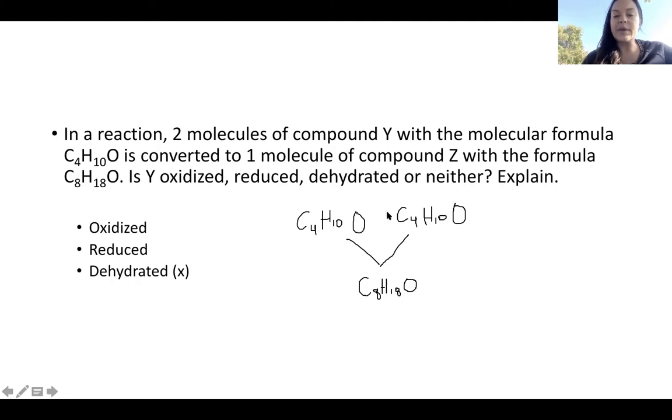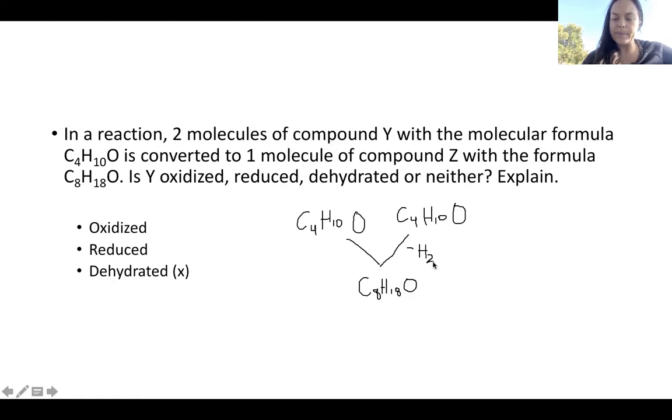Okay, let's see what happened, right? If we took 2 of these and we have 4 carbons here, 4 carbons here, we should have 8 here, and we do. So all our carbons made it into the product. Our hydrogens, we have 10 here and 10 here, so we have 20 altogether, but we only have 18 in the product. That means we lost 2 hydrogens.